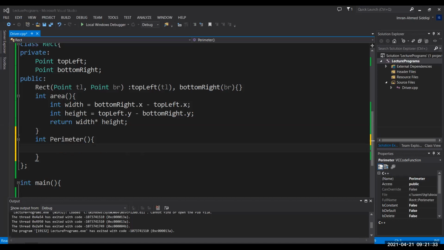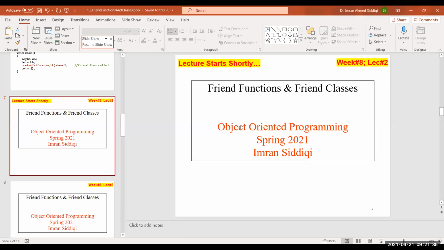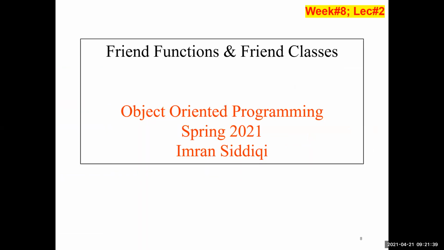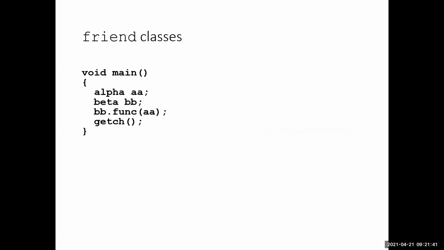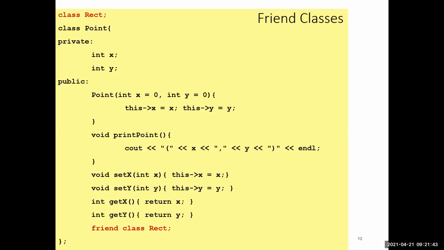So that you can correlate with whatever we have seen. So maybe this is the example that we just made, right? This is the point class. We make rectangle a friend of this class, the last statement that you see. And as I told you, this statement you can write anywhere, in the private or public, it does not matter. Why does it not matter? Because it is actually not a member.